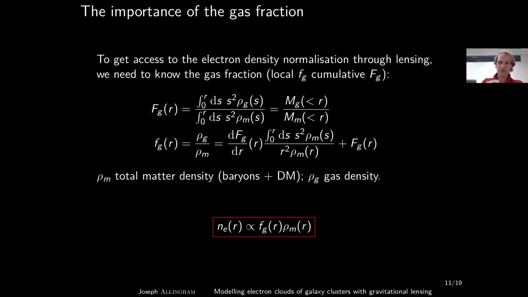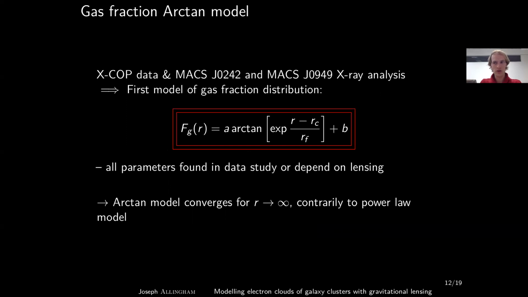So the gas fraction Fg actually is a key ingredient here. And as we understand it, there is no universal law to describe the gas fraction, but that's what we want. So I took the XCOP data plus the X-ray analysis of the XMM data for our two clusters, and was able to fit quite well, even I would say very well, the data to the model I propose here.